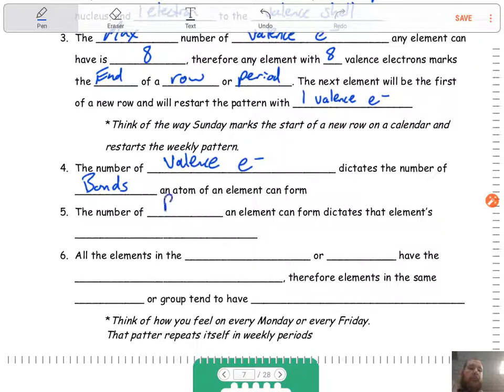The number of bonds that an element can form dictates that element's chemical properties. We're going to call groups by another name, and we'll talk more about that in the next video, but those properties are really important. And again, it comes from those valence electrons, really the only ones we care about.